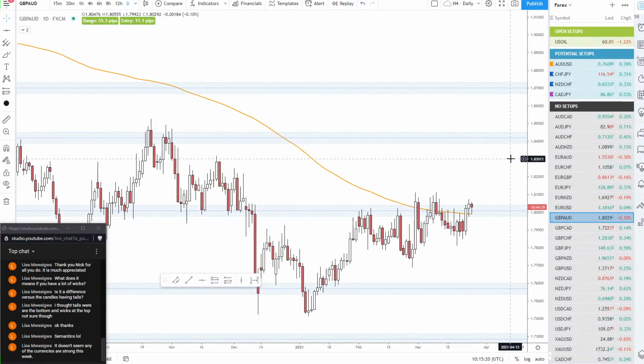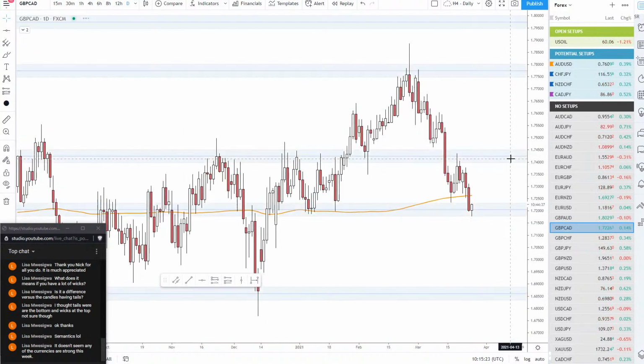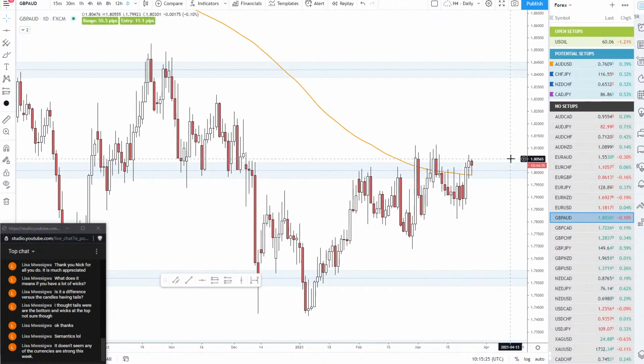Most aren't strong. New Zealand had a bit of a crazy move at the start of the week.